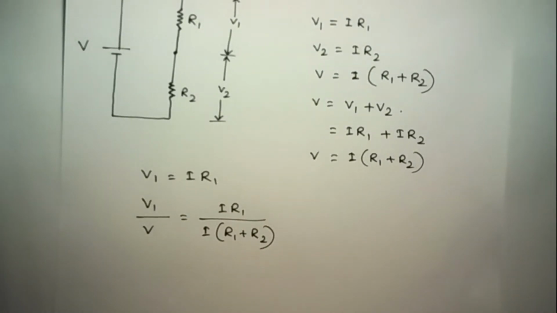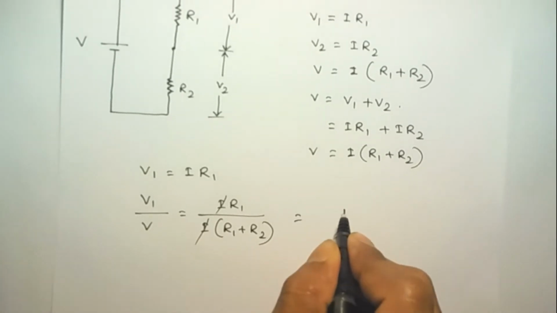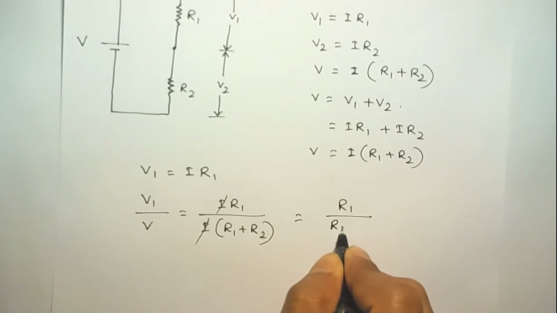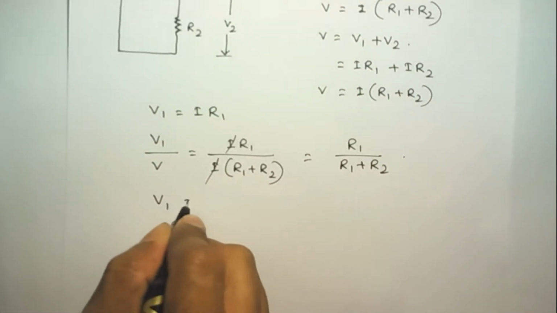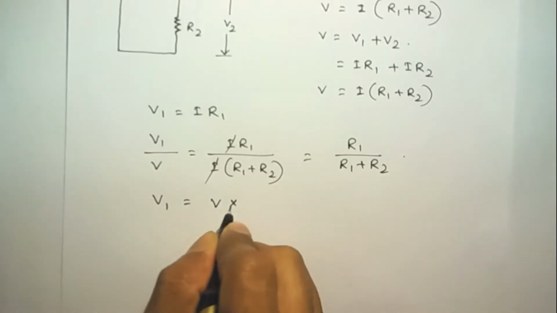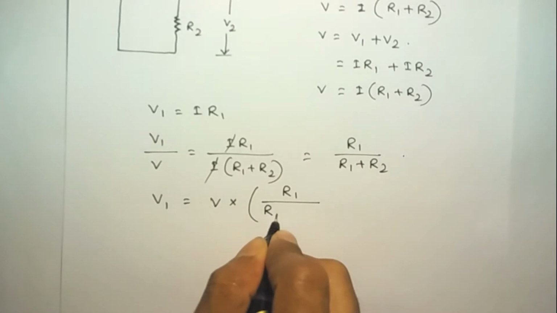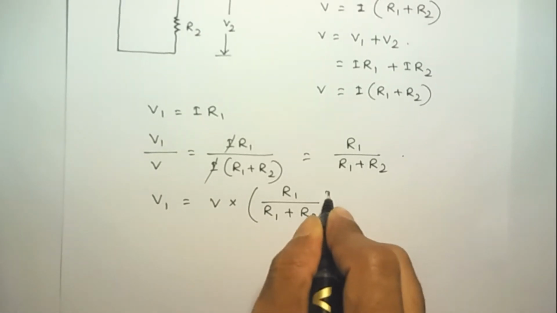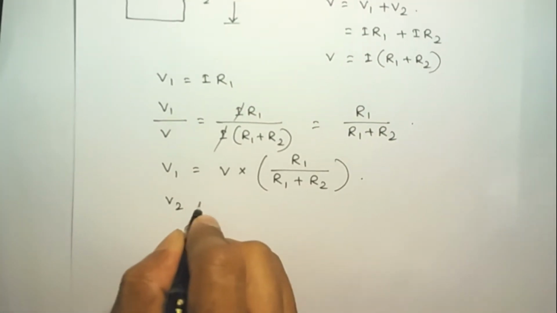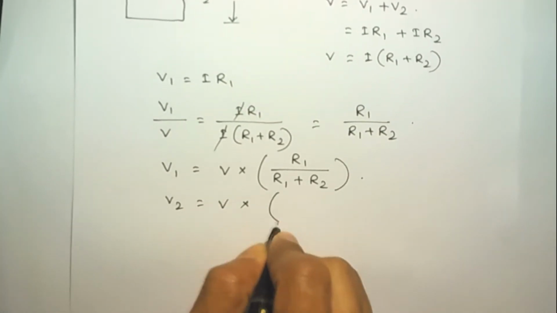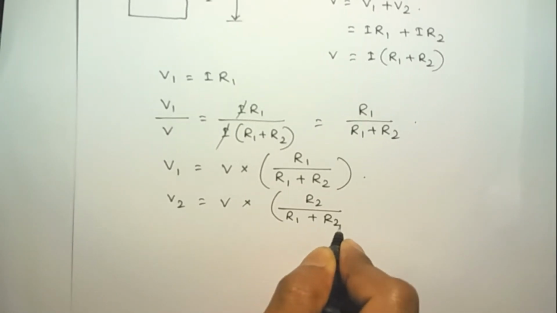I cancels out, equals R1 divided by R1 plus R2. So V1 equals V into R1 divided by R1 plus R2. Similarly, we can write V2 equals V into R2 divided by R1 plus R2.